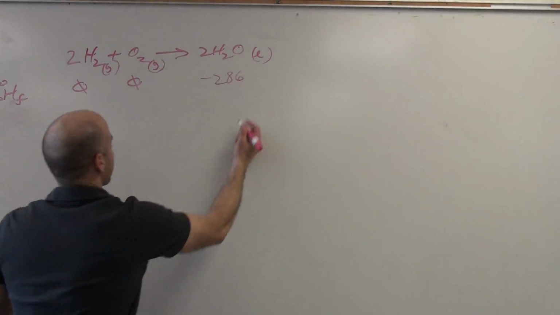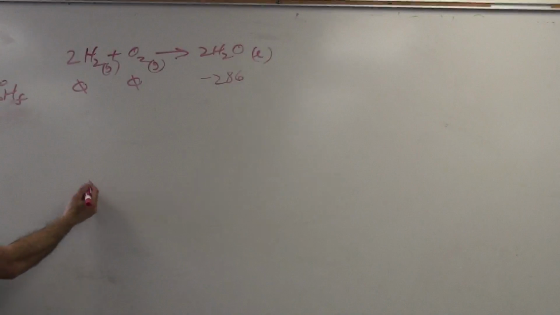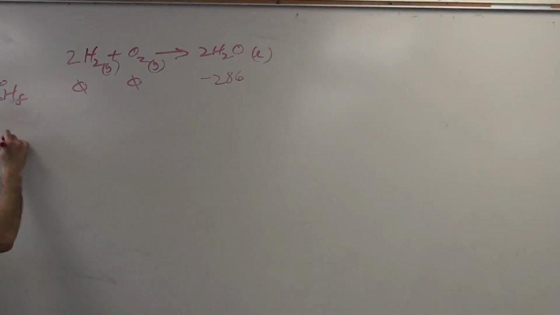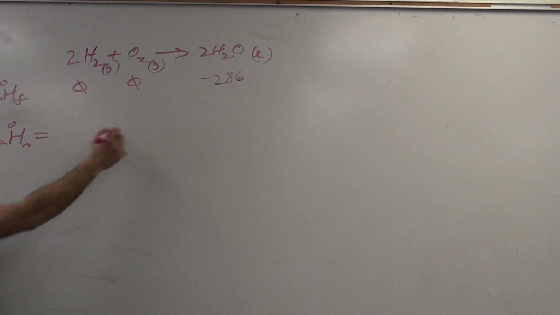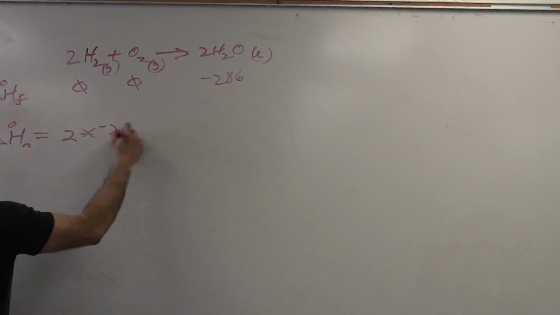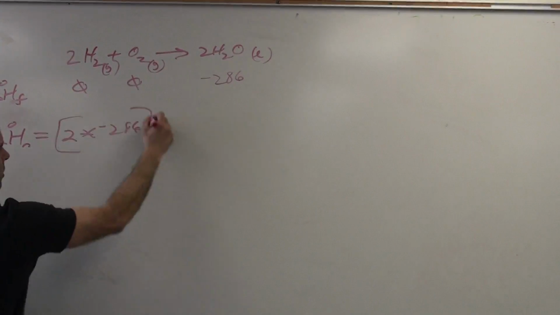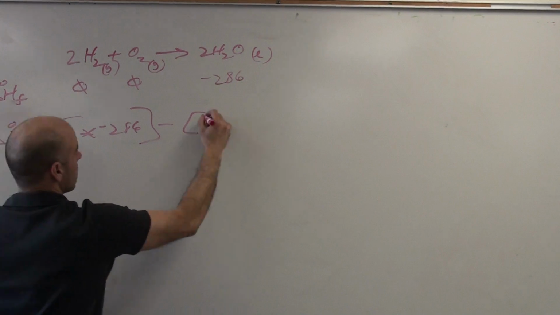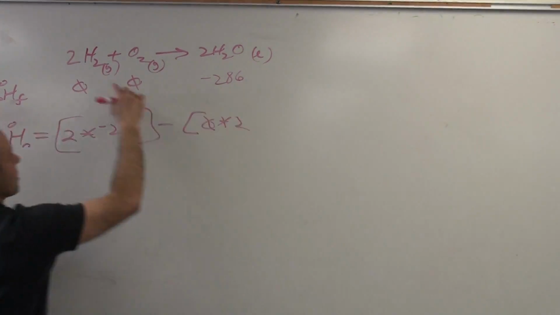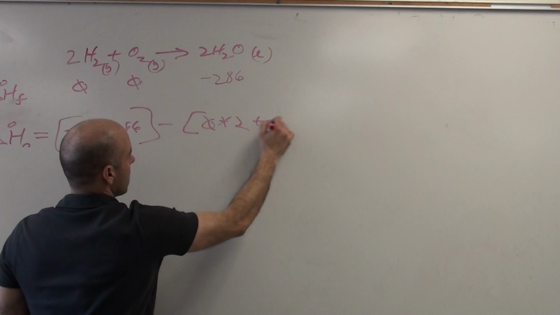So if I'm doing products minus reactants, the amount of heat released in this reaction is 2 times negative 286 minus 0 times 2, because there's 2 moles of hydrogen, plus 0.